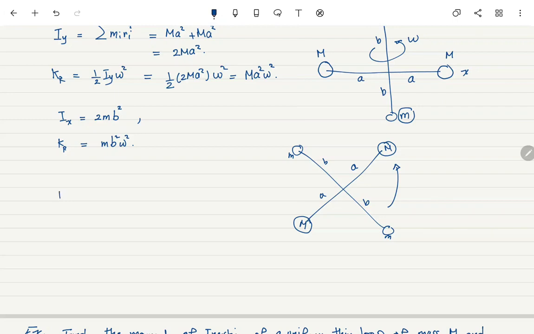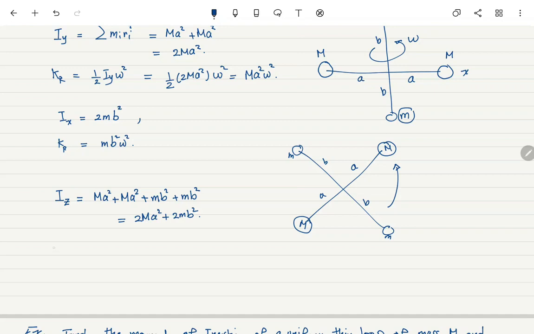Now the moment of inertia around the z-axis in this case is equal to M a squared plus M a squared plus small m b squared plus small m b squared, or in other words 2 M a squared plus 2 m b squared.